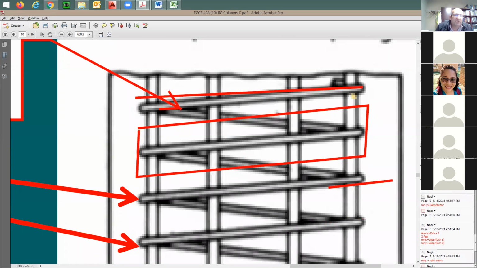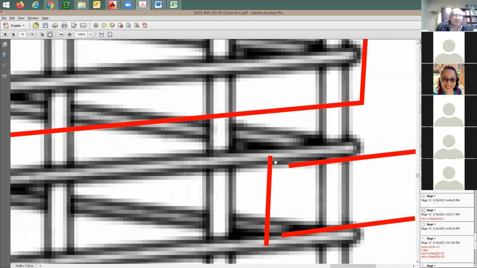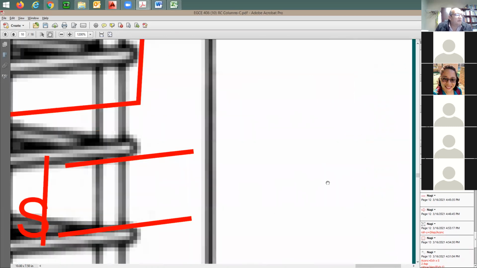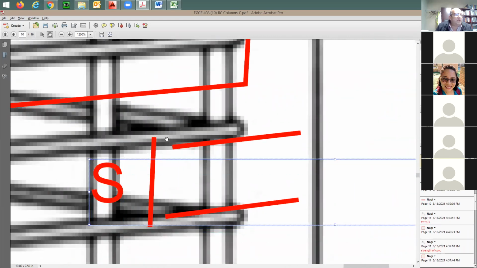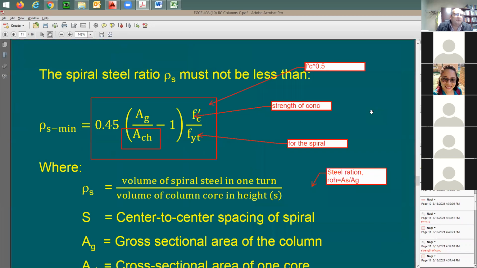When it says here 2 inches, the 2 inches is going to be from center to center. This is going to be s, that's what we call s here. To get from s to the clear spacing, you need to subtract 1/2 of the spiral diameter from here and 1/2 of the spiral diameter from there, which means it's going to be s minus db for number 3.